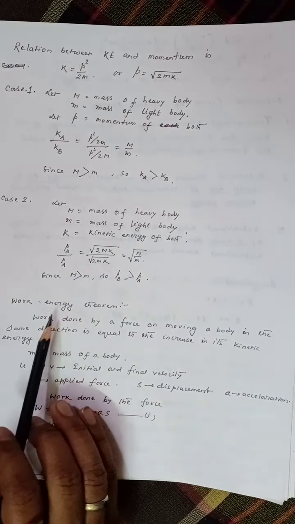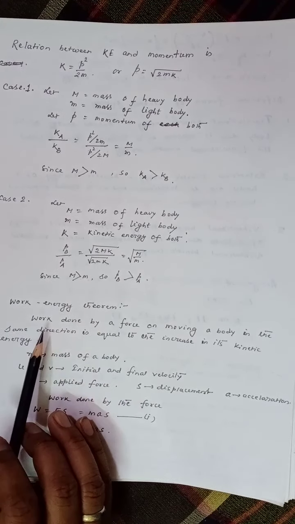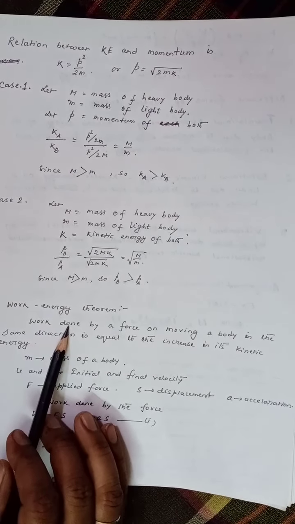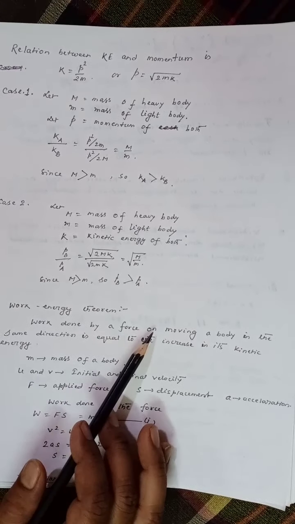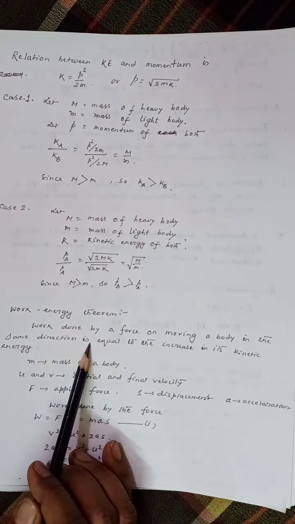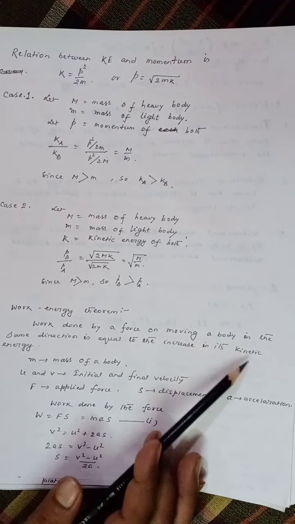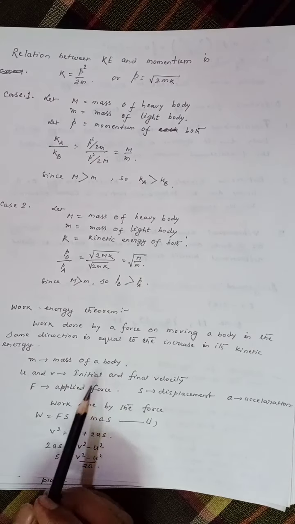Now let us discuss a theorem called the work energy theorem. The theorem states: work done by a force on moving a body in the same direction is equal to the increase in its kinetic energy.